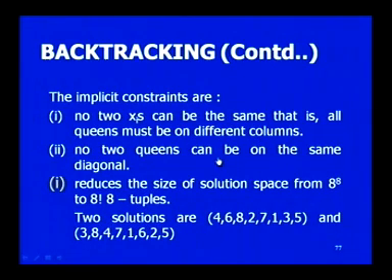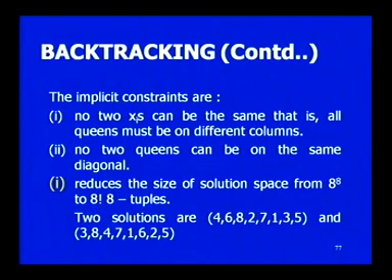Similarly, I can also put a restriction that no two queens can be placed on the same diagonal. If I put a restriction like that, then many of the tuples like 1 comma 1 can be removed. Because of this, my 8 power 8 is now reduced to 8 factorial.